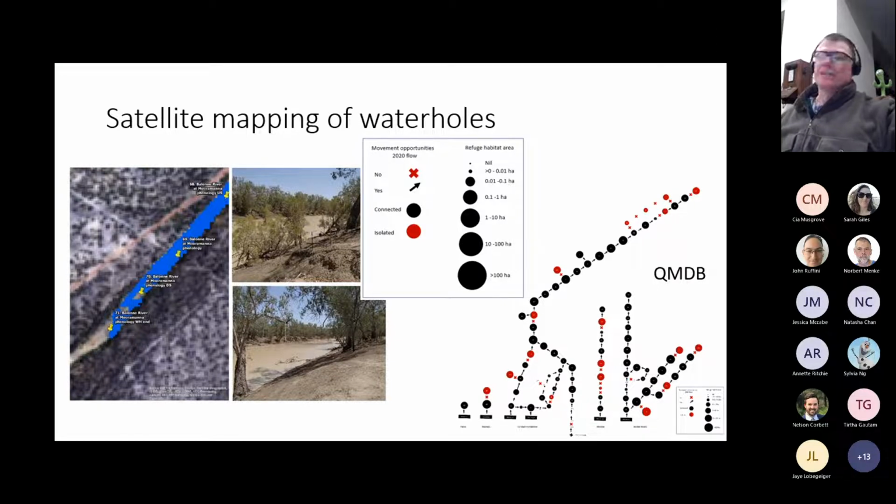So basically, we divided the whole system up in this diagram based on the locations of dams and weirs. And I've done a blown up of the legend, because it's too hard to read otherwise. But basically, almost all the sections defined by the location of all these dams and weirs had somewhere between 1 to 10 hectares, and often some of them less. And there were even some sections where there were no remnant waterholes at all that were isolated by barriers.